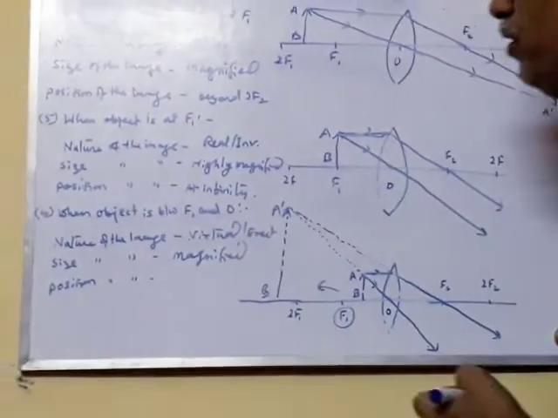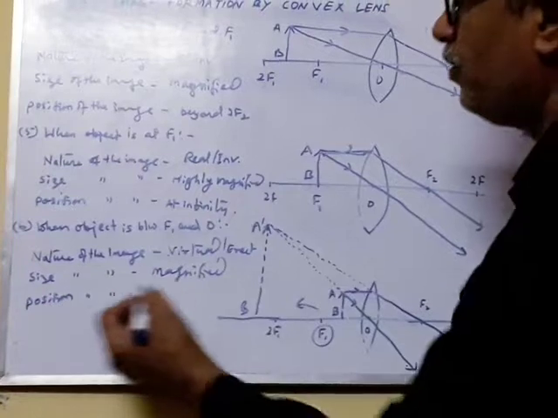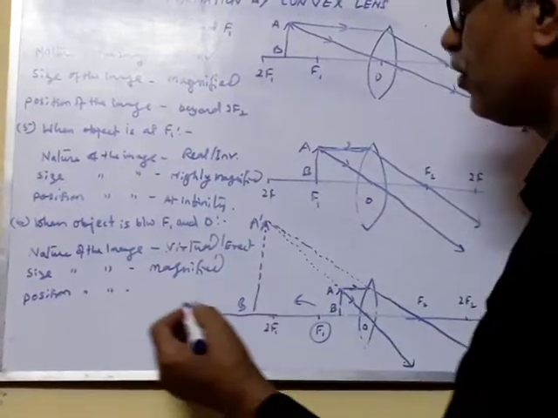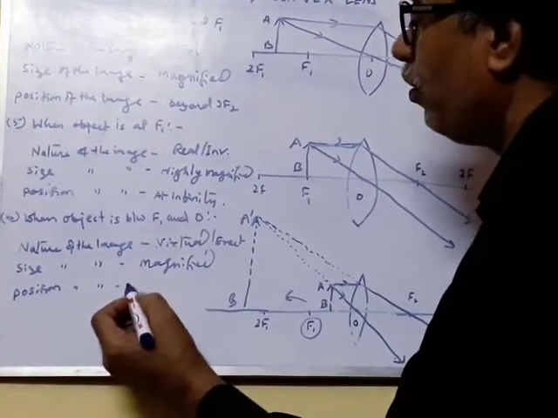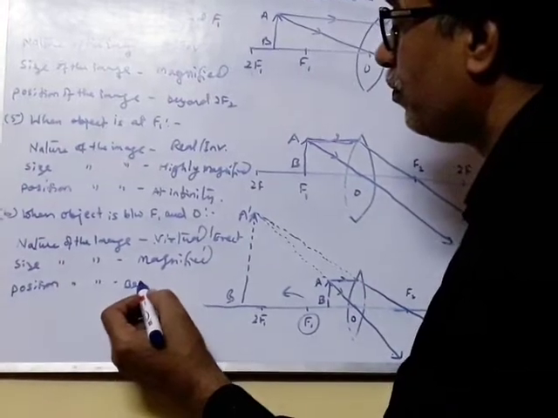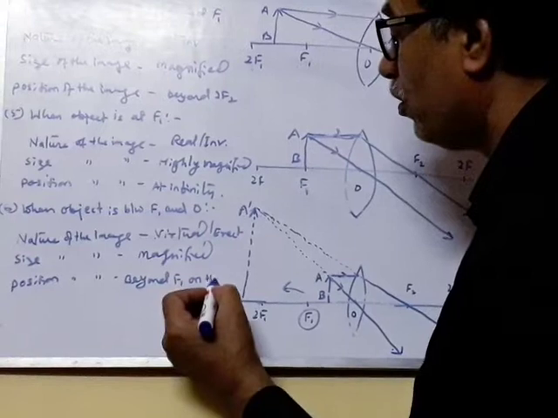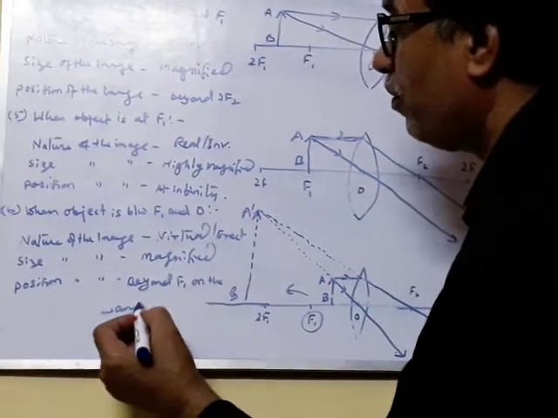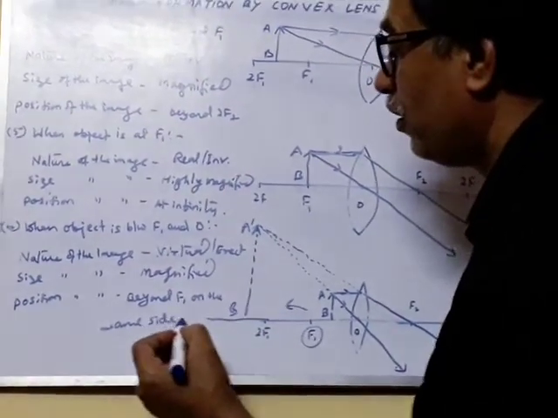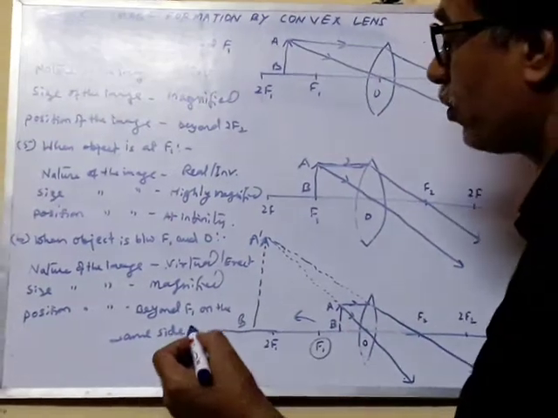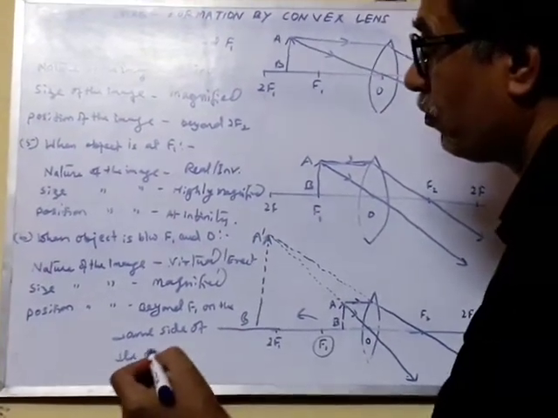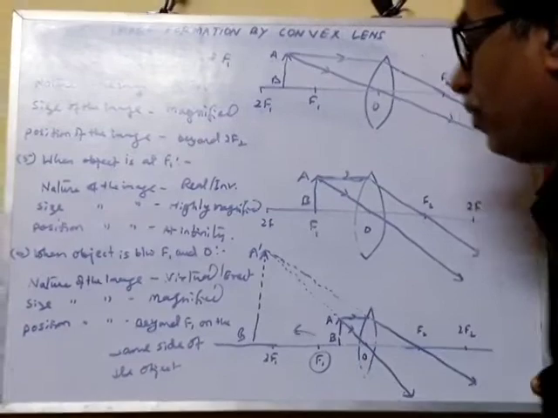The size is magnified and the position is beyond f1 on the same side of the object. Whichever side the object is on, the image is also formed on the same side.